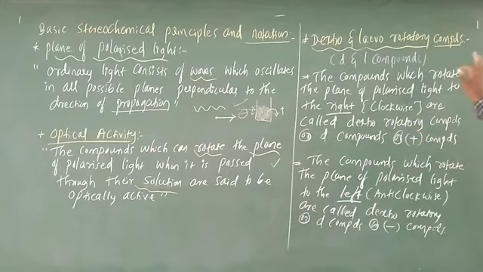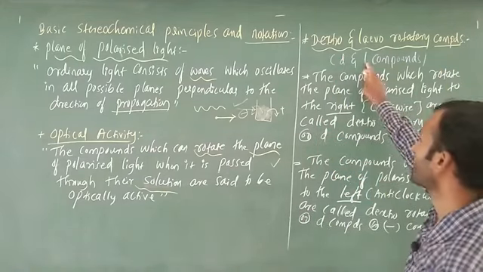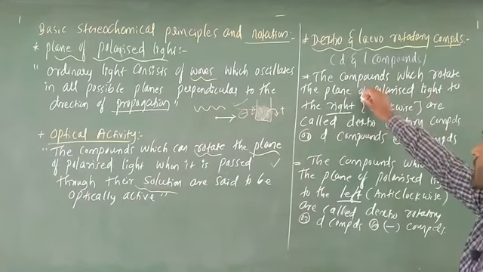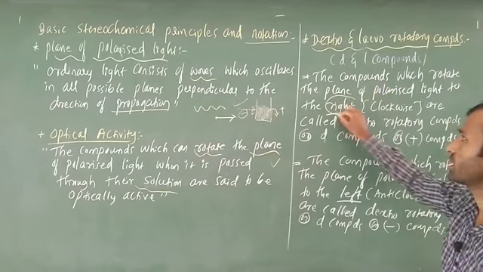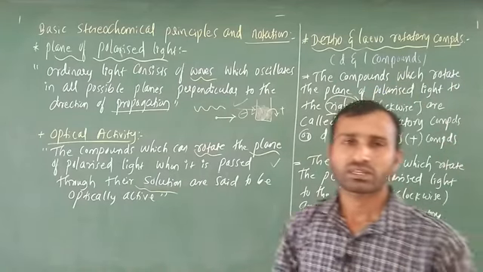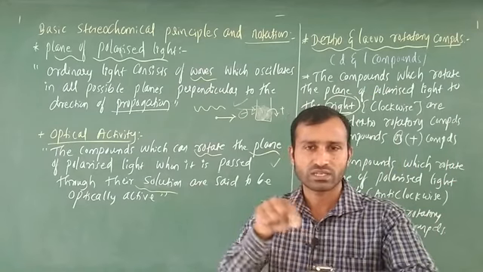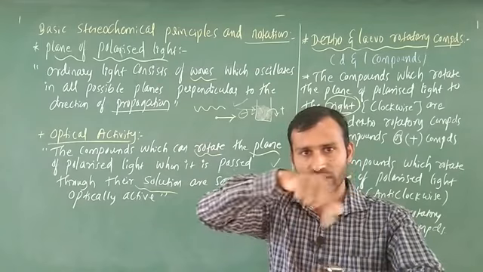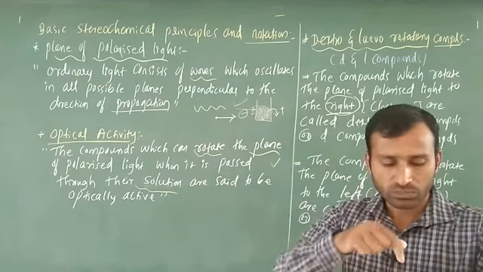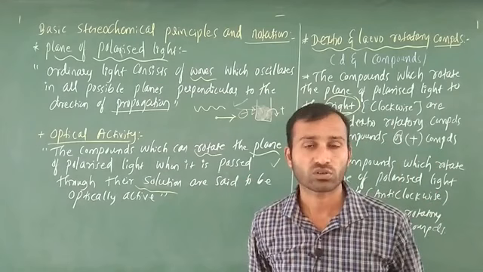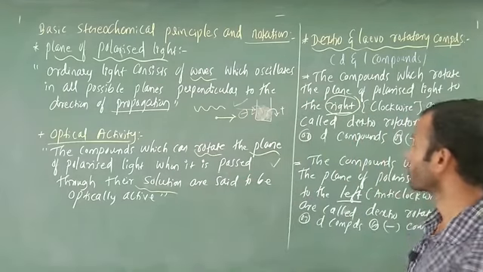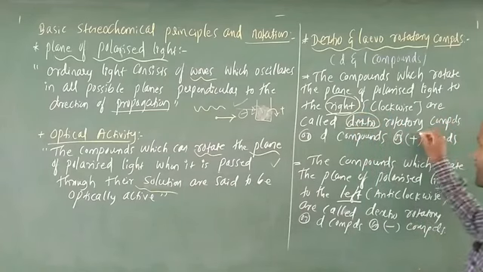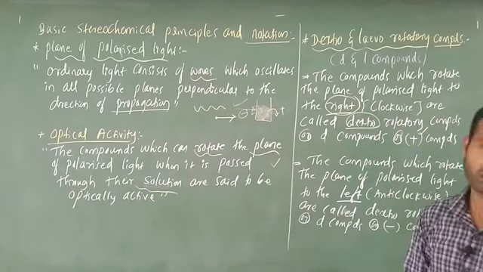dextro and levo rotatory compounds, that is, D and L compounds. The definition is very simple. If a compound rotates the plane polarized light towards the right, like a clock rotating clockwise, that is called D, dextro, which indicates positive. If the clock rotates like this, that is anti-clockwise.